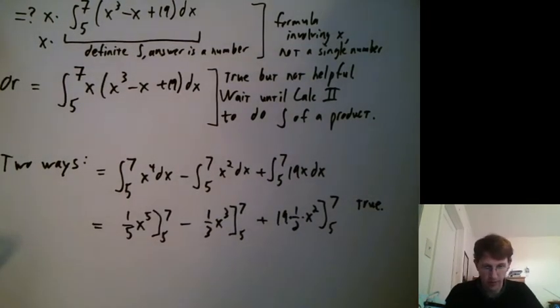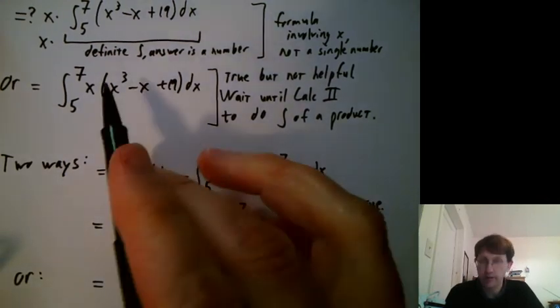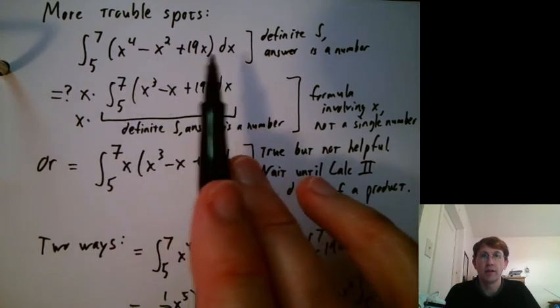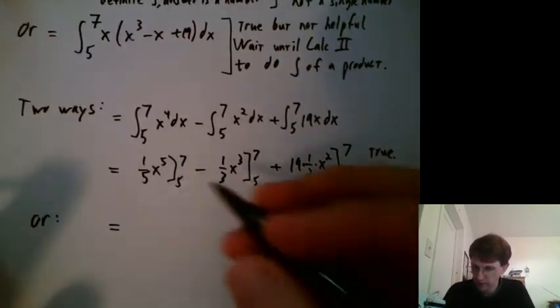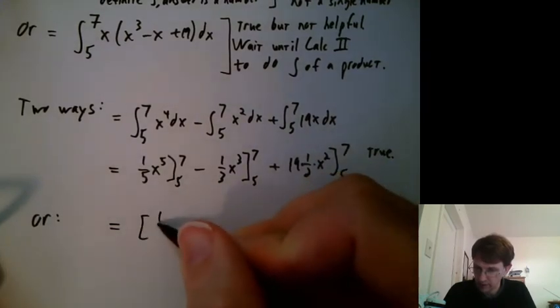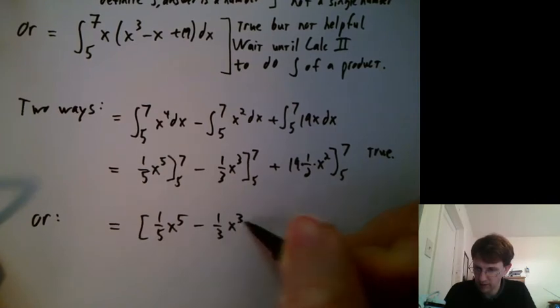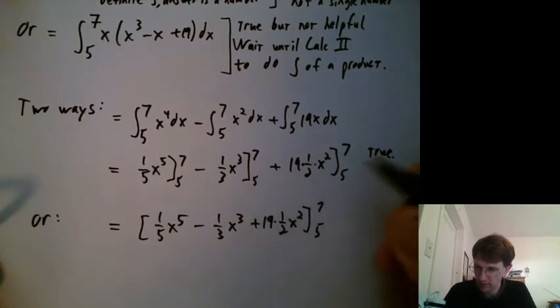But there's a more streamlined way. We can take the antiderivative of each term as it is and just do the 5 to 7 all at the same time. So we could say this is 1/5 x to the 5th minus 1/3 x to the 3rd plus 19 times 1/2 x squared, from 5 to 7, which is also true.